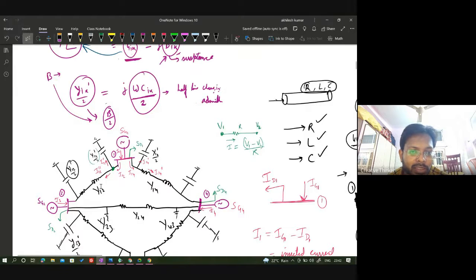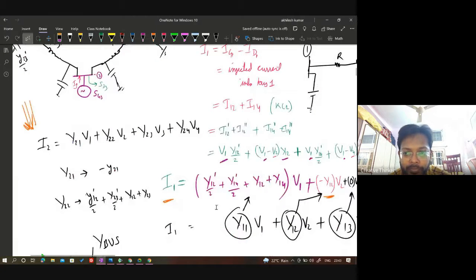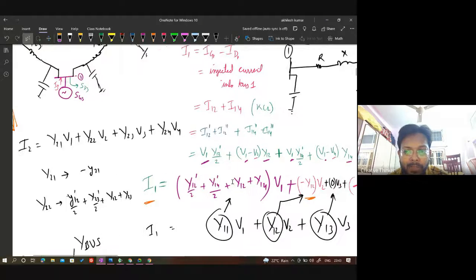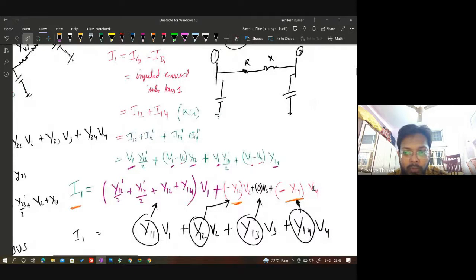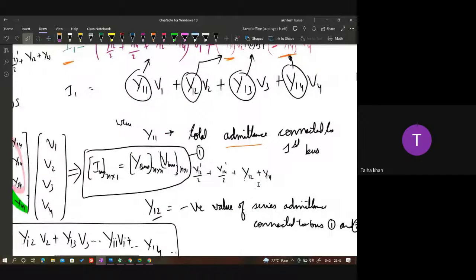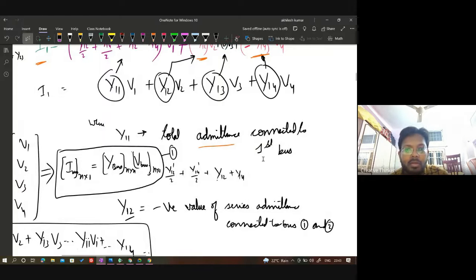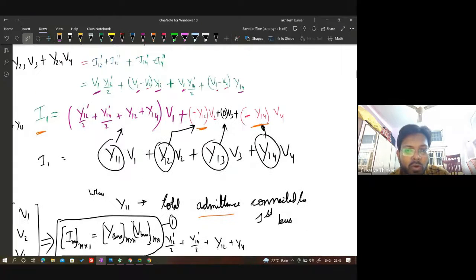This admittance, this, this, and this. If you sum all, you will get this part. Now the other part of the equation, Y12, Y13, Y14, we call the negative value of the series admittances connected between bus 1 and 2, 1 and 3, and 1 and 4.